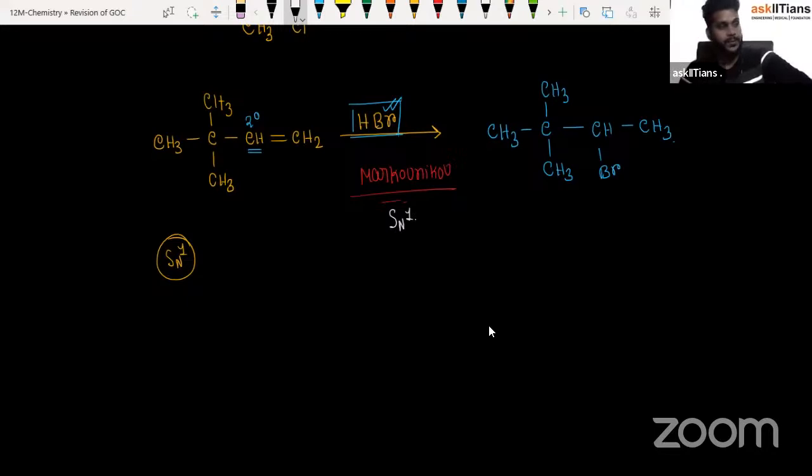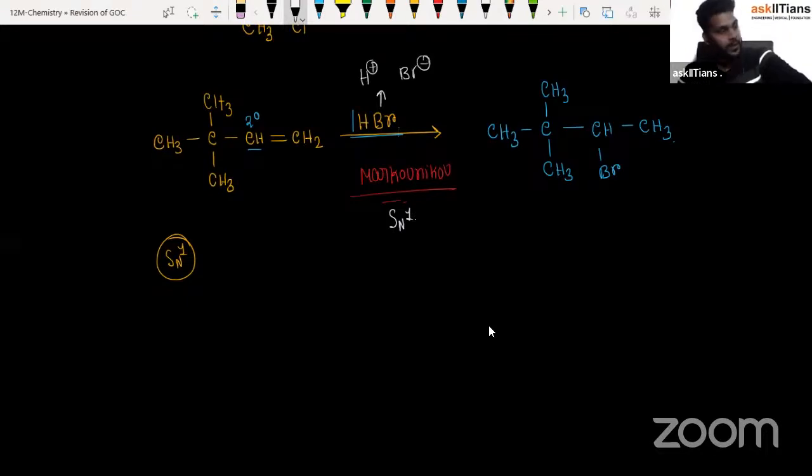So here it undergoes SN1 mechanism. Now, how do you know this? The Markovnikov rule was actually the outcome of SN1 mechanism, right? Because if there are two carbons sharing the double bond, now HBr breaks as H plus and Br minus. Listen to this carefully.